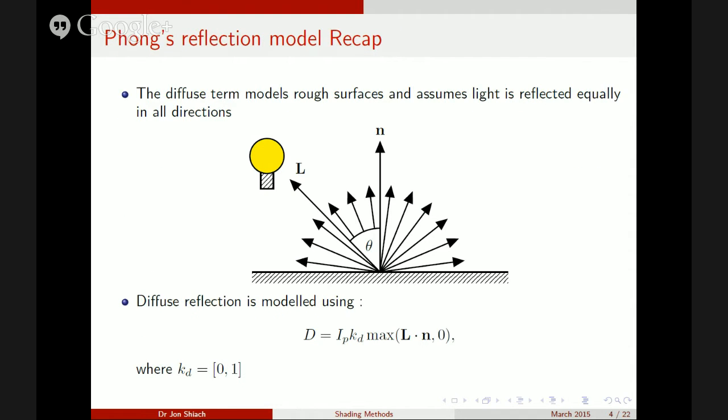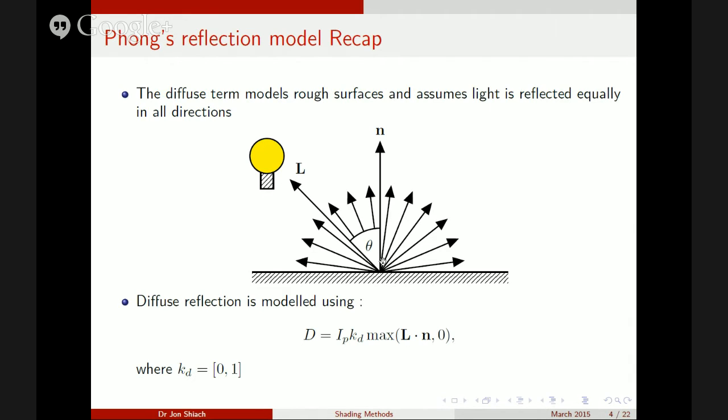Okay, diffuse reflection. This is reflection off of dull, rough surfaces. So if something looks dull, for example this carpet on the floor, that's a rough surface. What we assume is that light falling on a rough surface is scattered equally in all directions. So here we have our flat surface, and here we have our light source. We have a vector going from the surface to the light source.